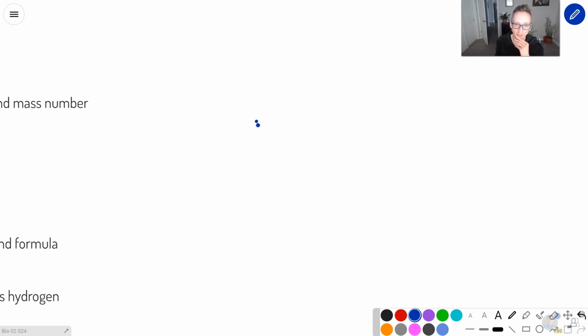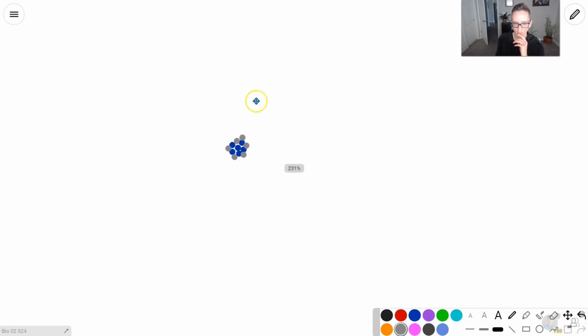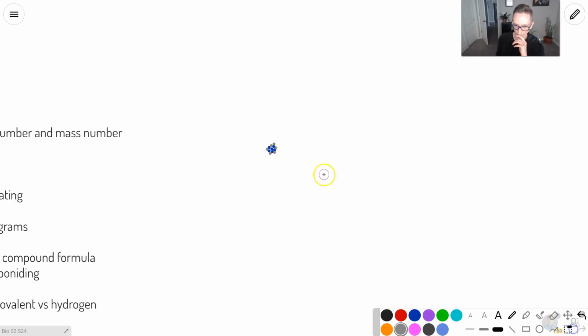We got 6 protons. And we're going to have 6 neutrons. They wouldn't look exactly like this. Okay, boom, that's a nucleus of a carbon atom. I'm not going to draw on the electrons, but they're there.